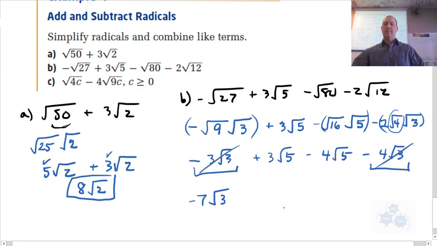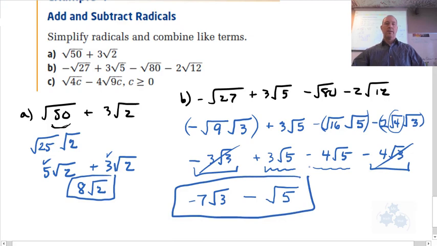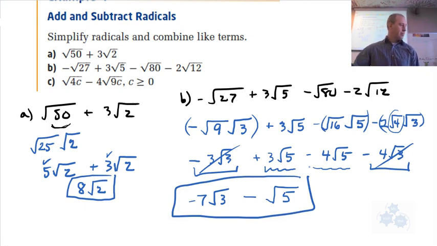Those are dealt with. 3 root 5 minus 4 root 5 is negative 1 root 5, or you don't have to put the 1 in front, so you can just go minus root 5. Does that look good?